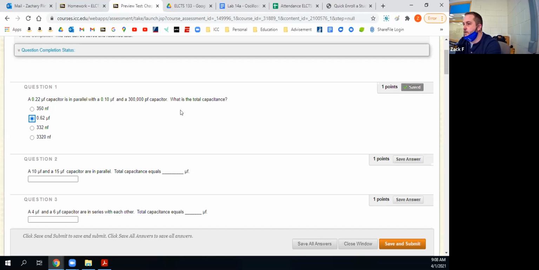Yeah, okay. So when you have parallel capacitance, how do we treat that? It's like a resistor, but it's opposite. So if they're parallel, all we're doing is adding them together.